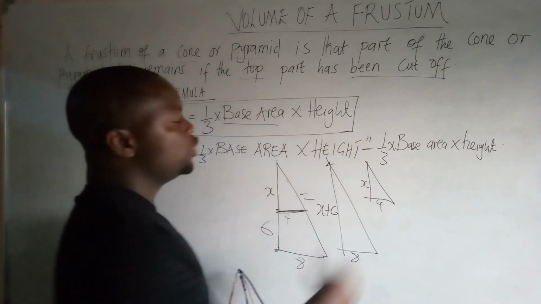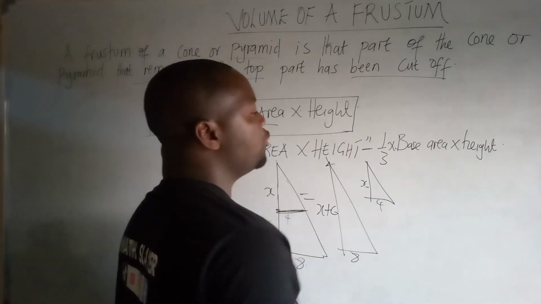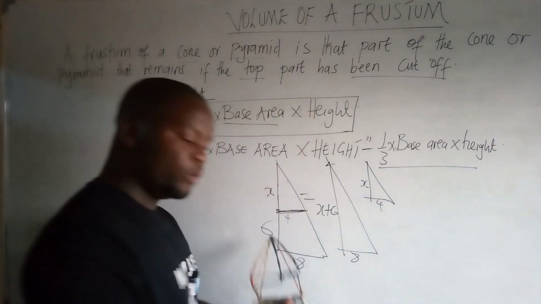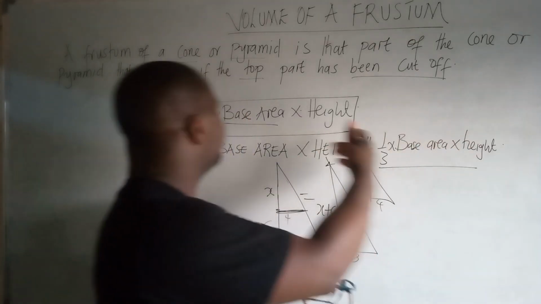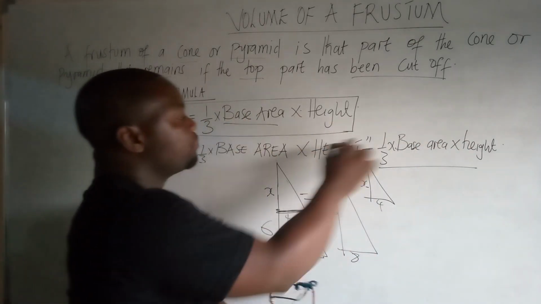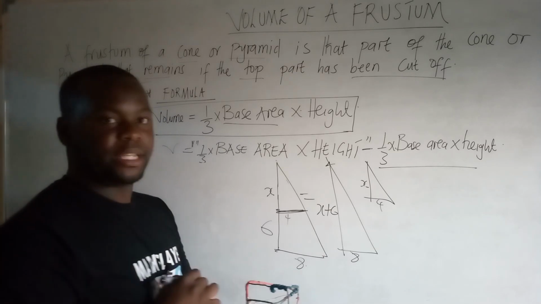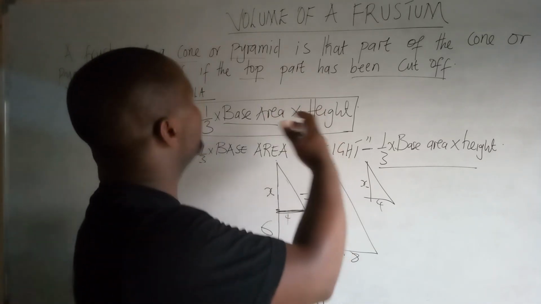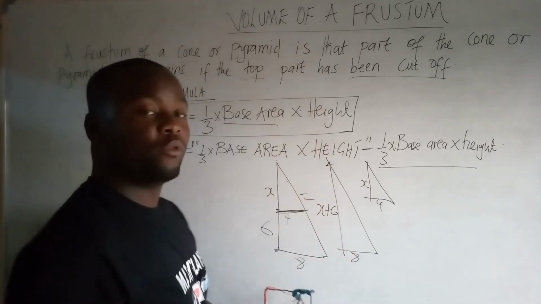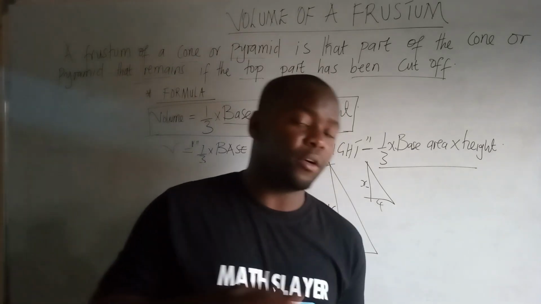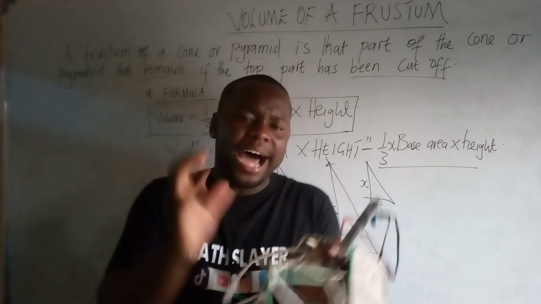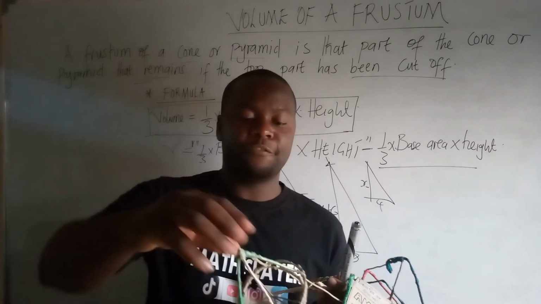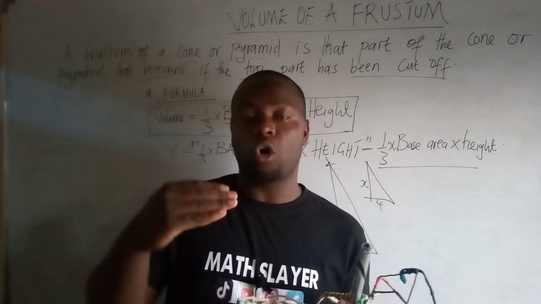You need to subtract the volume of the smaller cone or smaller pyramid which has been removed from the overall cone or pyramid. By doing this, you are going to remain with the volume of a frustum. Very simple way of calculating the volume of a frustum, which is the part of the shape that remains after removing the top part of a cone or a pyramid.